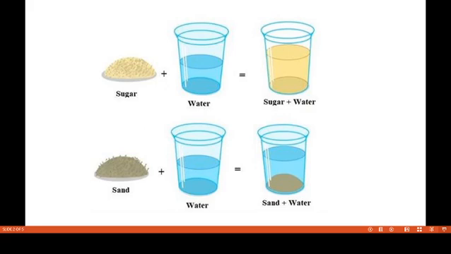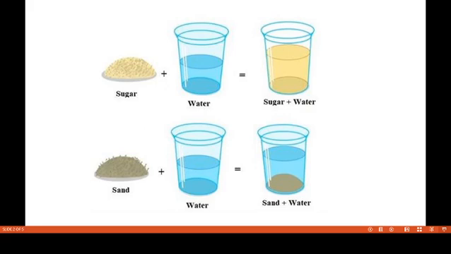Yes, sugar only dissolves in water or coffee or tea. So the property which helps sugar molecules to dissolve is known as solubility. We can define the term solubility as a property of a substance to dissolve in a given solvent.